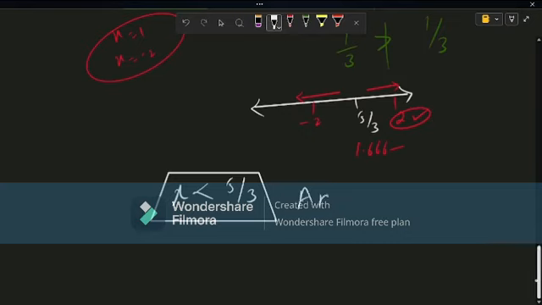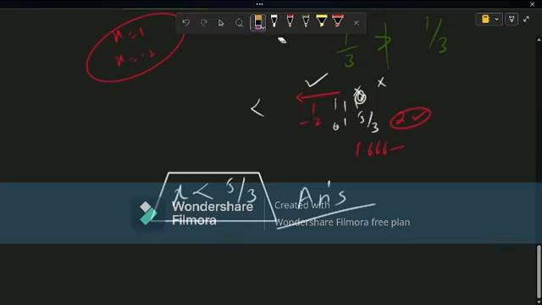So this is your final answer, because less than 5 by 3 involves 1, 0, minus 1, minus 2, and this region is selected, but this region and this region are not choosable. 5 by 3 and to the right of 5 by 3 is not choosable, so let's erase it, and only this portion, the red portion, is choosable.